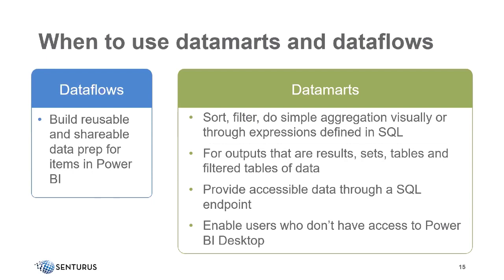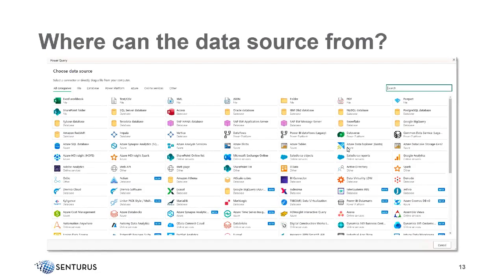Data flows give us ETL code. Data flows give us a way of exposing our data into our data lake. Data flows are used by Power BI to put data into a data mart. Data marts are storage repositories. They hold data from these different sources that I just showed you.